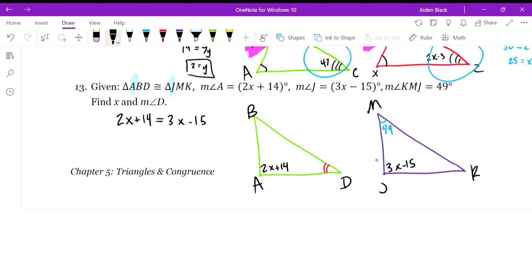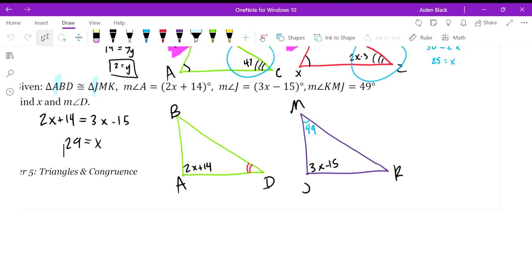So if I subtract 2x from both sides and add 15 to both sides, I get x equals 29. And so if I plug that in here, 2 times 29 is 58. 58 plus 14 is 72.